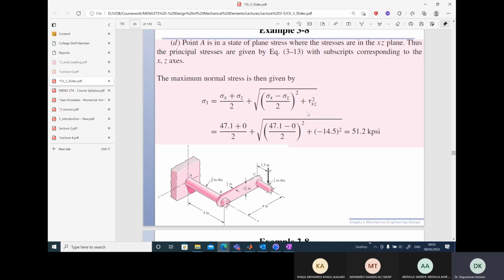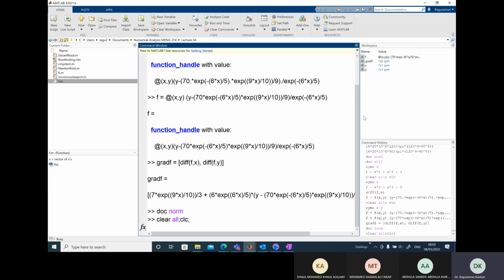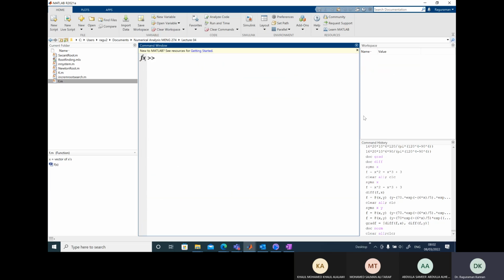So the first one, we need to calculate the term in the bracket. So 47.1 over 2 square. So I'm going to just calculate it as tau. Before I do that, let me clear here. Okay. So square root.